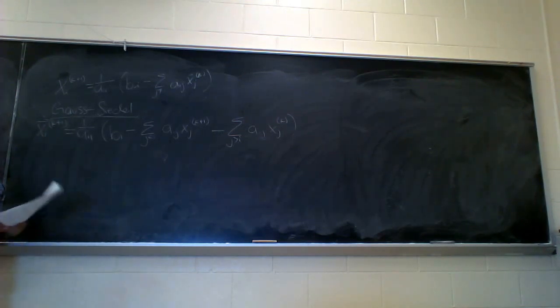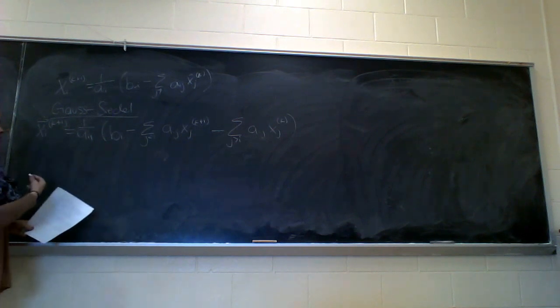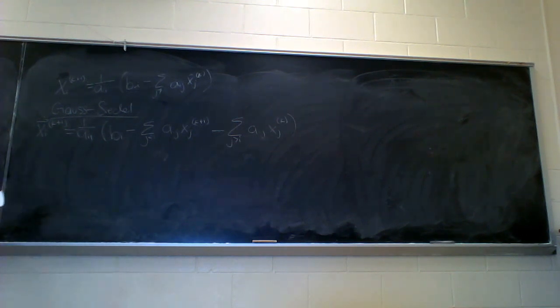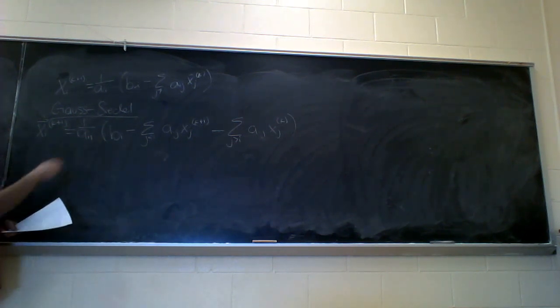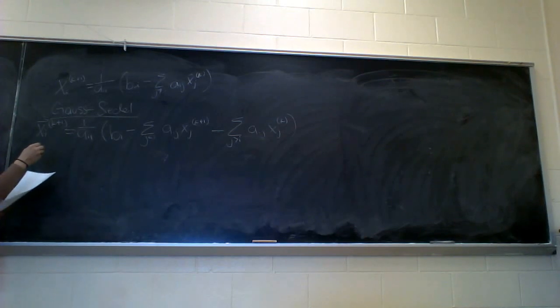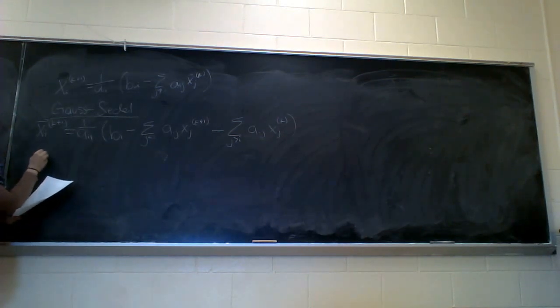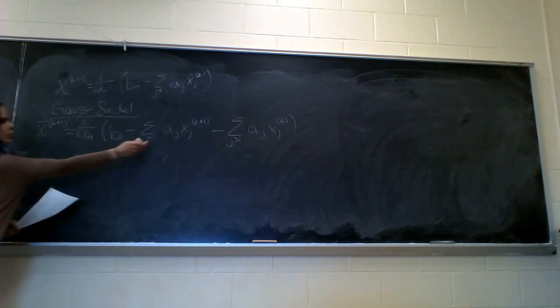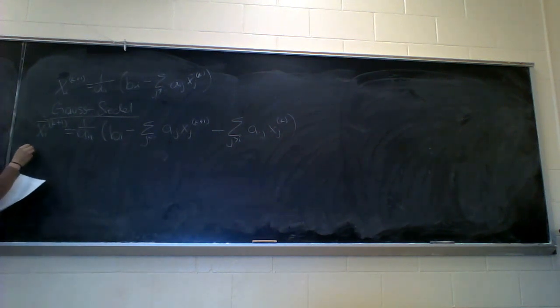So now what we can do is go ahead and get everything with x^(k+1) on the left-hand side and multiply through by a_ii to eliminate this denominator out front. So I'll go ahead and do that. We're going to move this term over to this side.